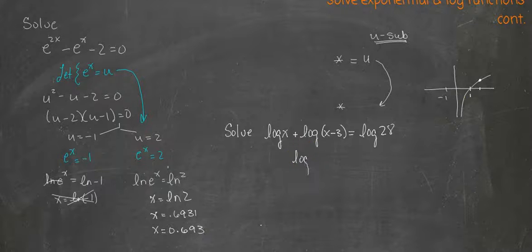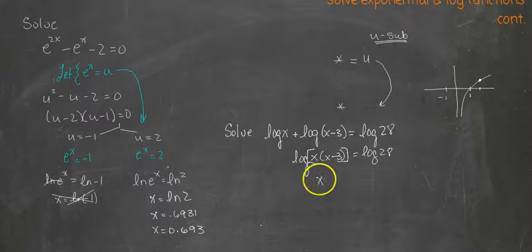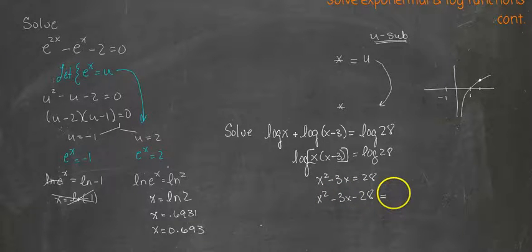So log x plus log (x minus 3) is the same thing as log of x times (x minus 3) equals log 28. Now I can use properties to get rid of my logs, and I'm left with distributing: x squared minus 3x equals 28. And solving for x means move the 28 to the other side and factor. So x squared minus 3x minus 28 equals 0.